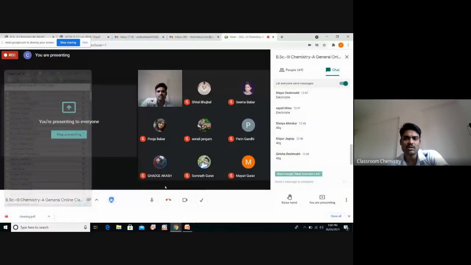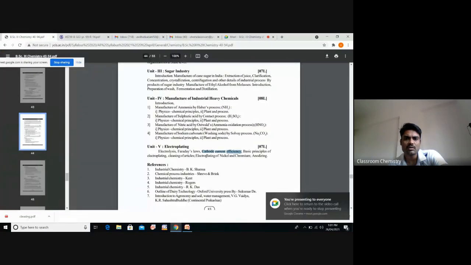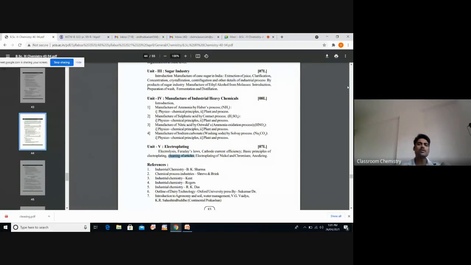After this, we focus on a new concept. See here, after cathode current efficiency basic principle, then cleansing of particles. Cleansing of how? Before electroplating, if we properly clean the particular cathodes and anodes, then the electroplating is better, and we can increase the life of the particular object.